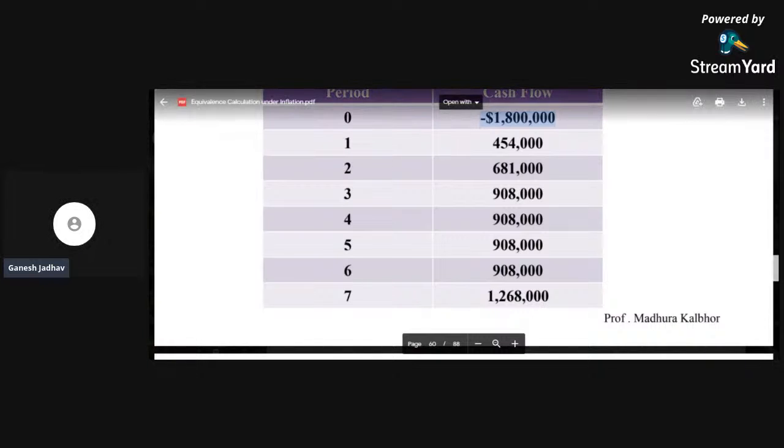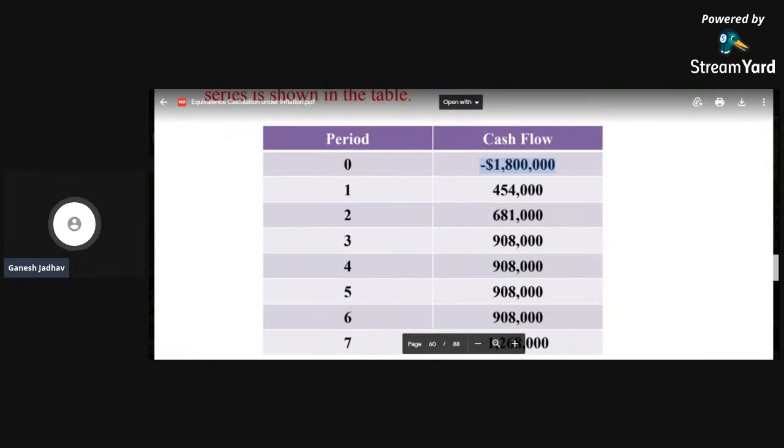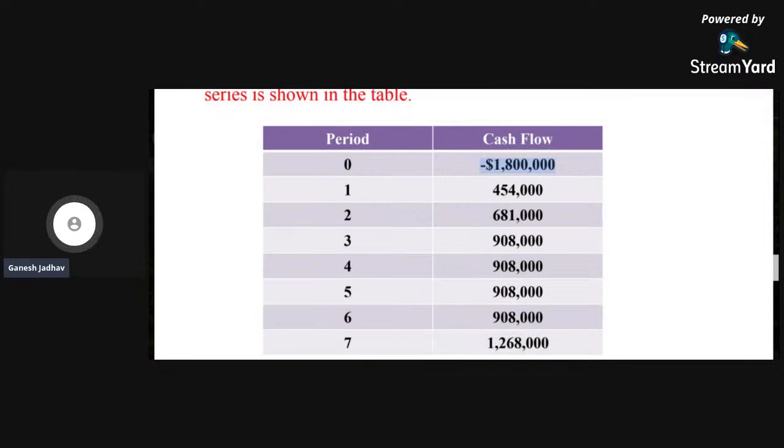Another year also, they can say that we have to earn from that project rupees 6,81,000, okay. Then the second, you can say 9,08,000, 9,08,000. So that is the constant amount.